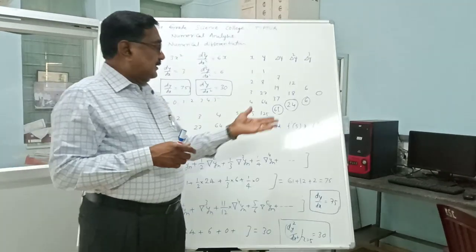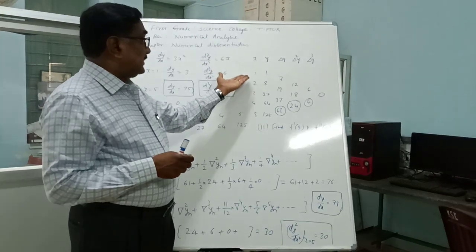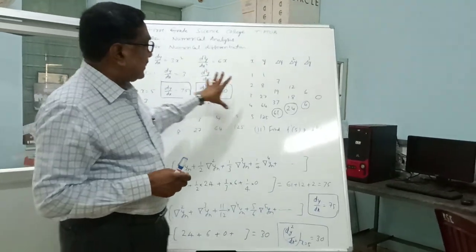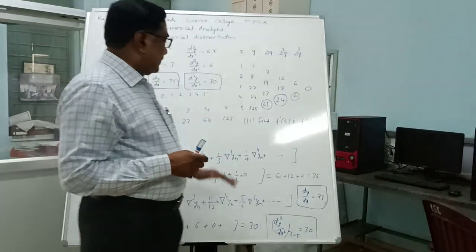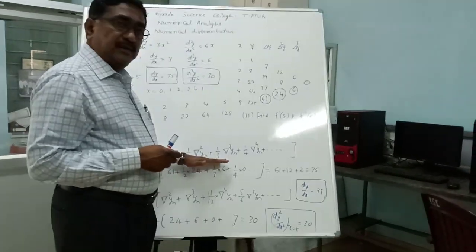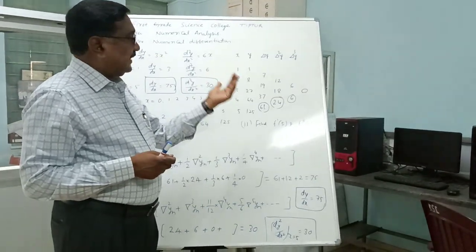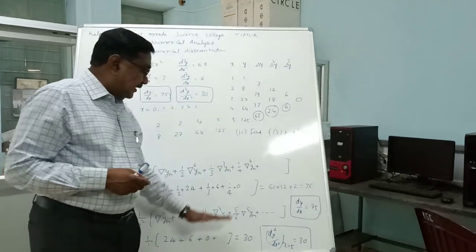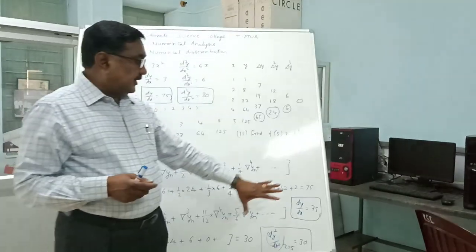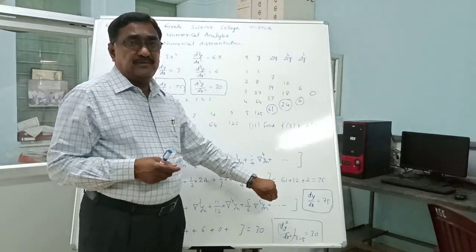To find the first and second derivatives, consider the forward difference table and write the corresponding formulae. If it lies at the beginning of the table, write the corresponding formulae; if it lies at the end of the table, write the corresponding formulae like this, and substitute the corresponding values. After simplifying, we get the answer. Those are the numerical differentiation values.